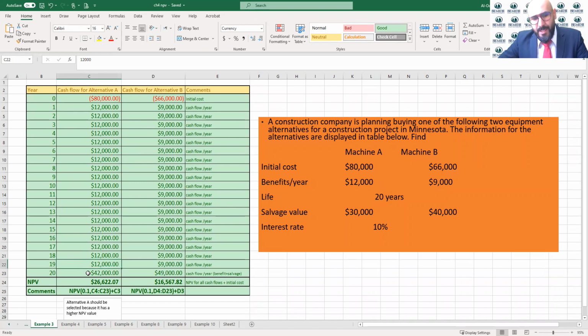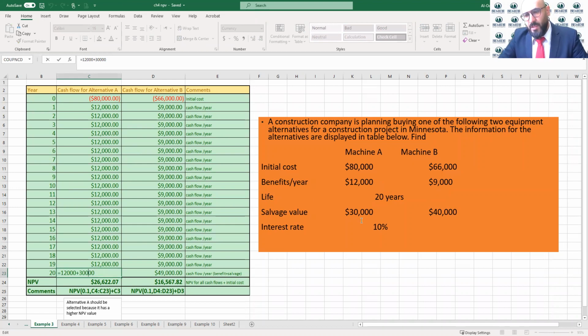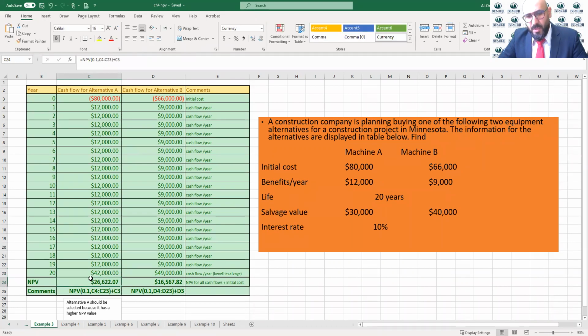However, on year 20, we have the $30,000 salvage value, which should be included on year 20. It's a salvage value, something coming into your pocket, so we should consider it as a positive. That would be $42,000 as a net cash flow for that year.